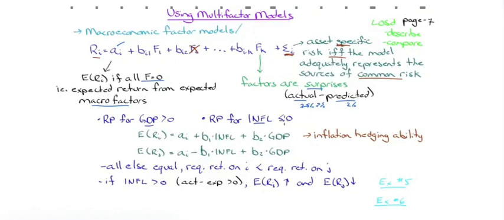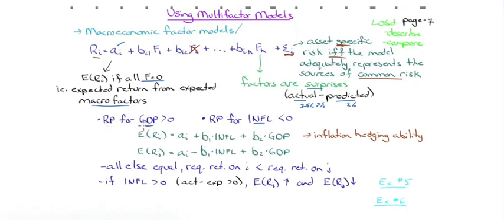The return to the inflation factor is typically negative. For GDP growth, it's typically positive, so that if you have a plus sign in front of your beta, you have inflation hedging ability, and that sort of causes confusion. So let me see if I can unpack that for you.